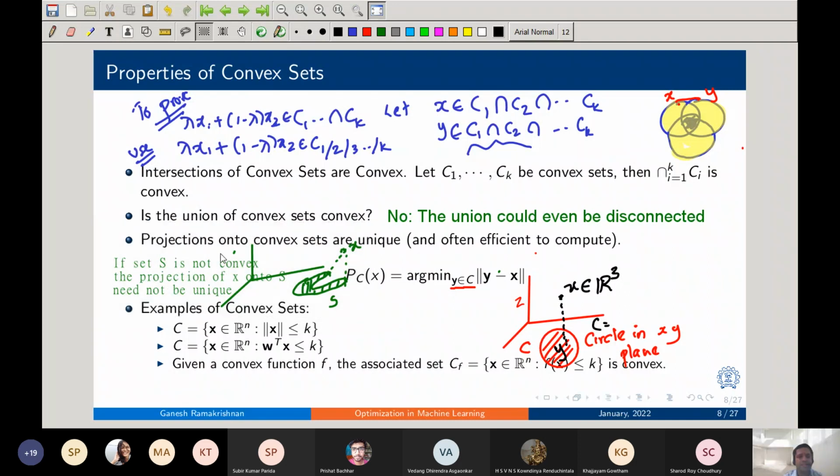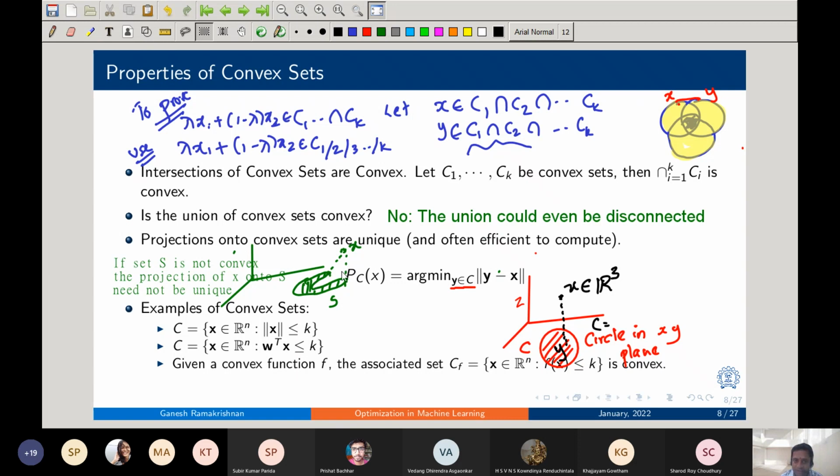If the set S is not convex, the projection of X onto S need not be unique. You see this here? So it's not even unique. This X here, when you try and project, find the closest point in the set S, you don't find one closest point. This is also closest. I mean, the 2 points that seem to be closest. That's largely because the set was not convex.